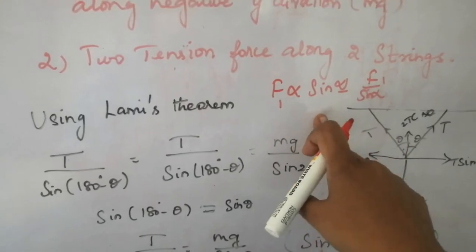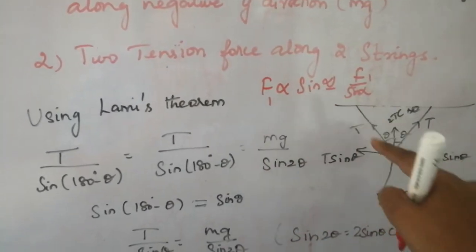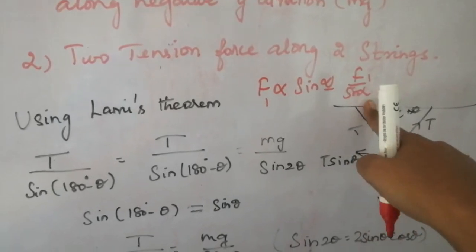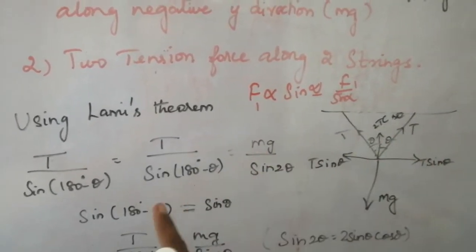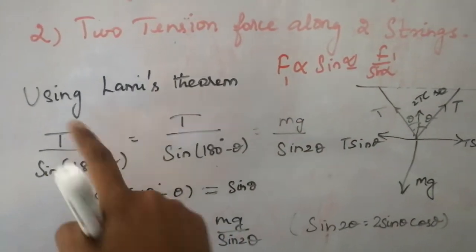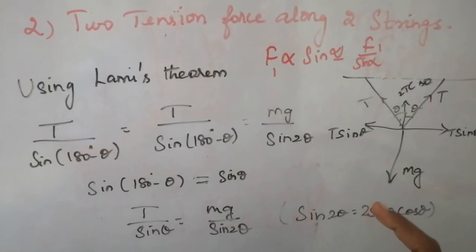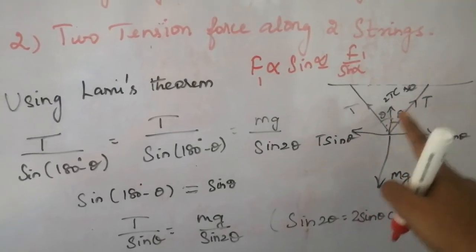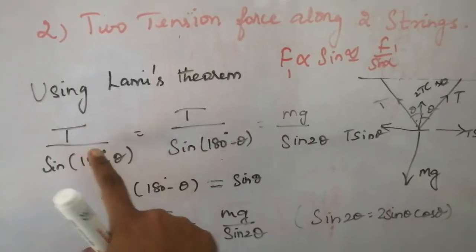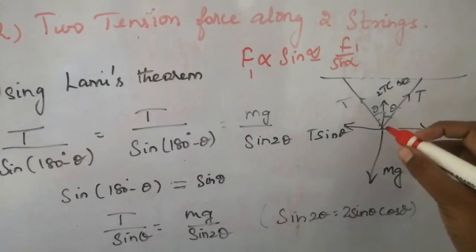So one of the forces divided by the sine of the angle between the other two forces, that is Lami's theorem. So let me take this tension force T, divided by the sine of the angle between the other two forces.